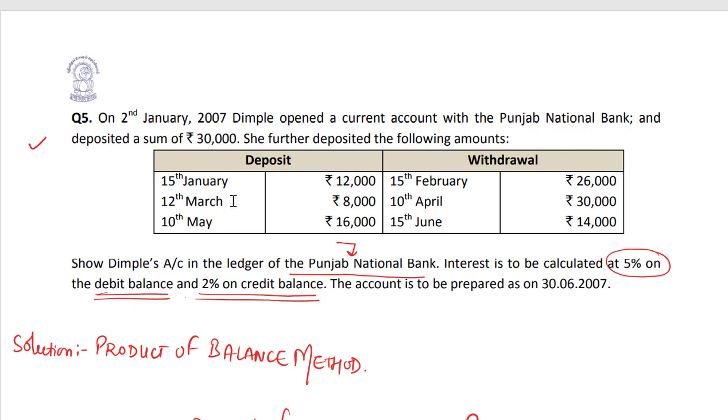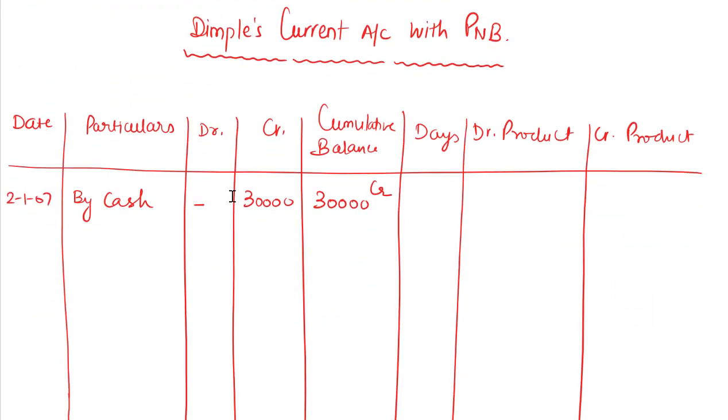There are three deposits: 15 January, 12 March and 10th May. So 15 January 07 by cash, 12,000. The cumulative balance is 42,000 credit.